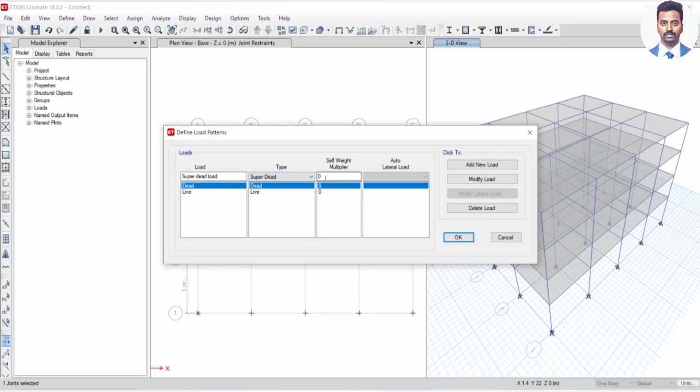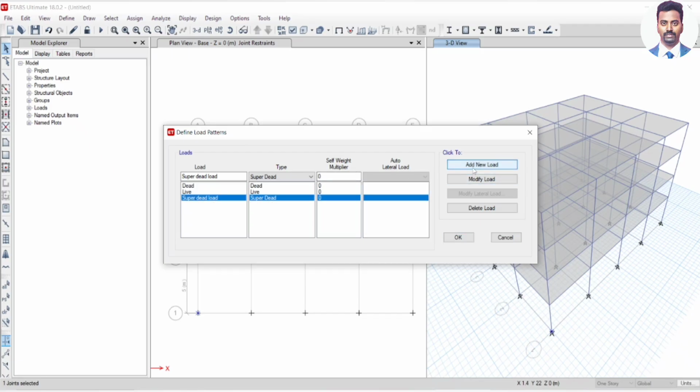And it has been mentioned here the self weight multiplier is provided as 0. Now it doesn't have self weight, even though the self weight is also considered into the dead load, so hence we are not providing the self weight.